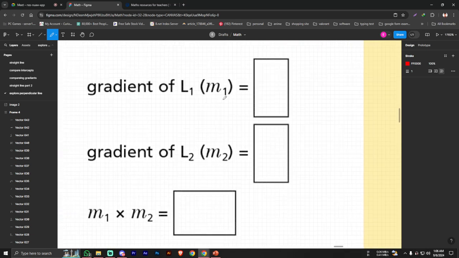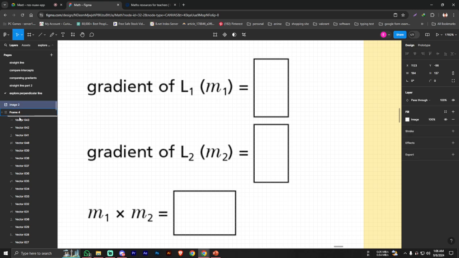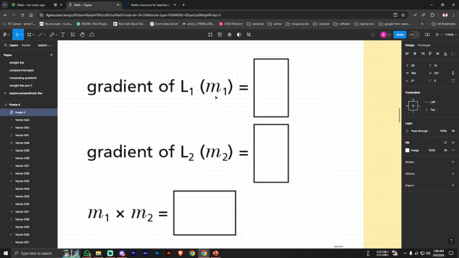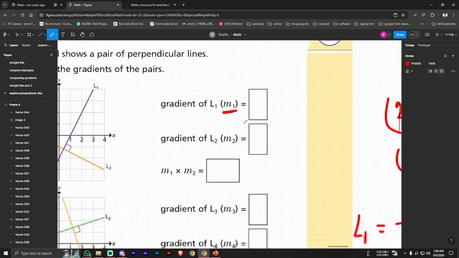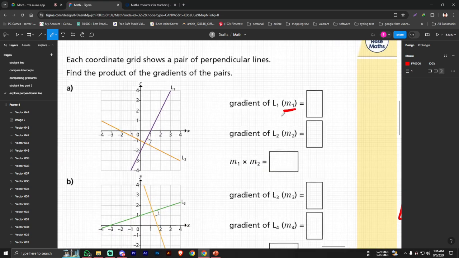So M basically means gradient. And whose gradient is that? L1's, right? Yes. So M1 is L1's gradient and M2 is L2's gradient.